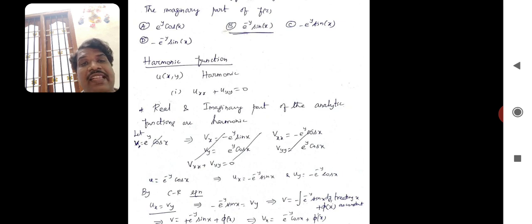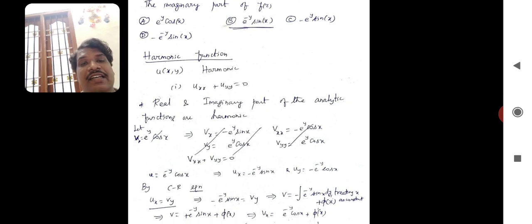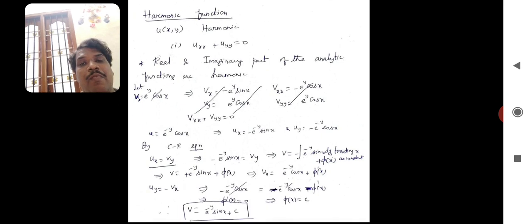Now we can apply the second relation of the CR equation, which is uy equals minus vx. I know uy, and I know vx. Substitute both the values. So you have minus e power minus y cos x equals minus, and my vx is e power minus y cos x plus phi dash of x.